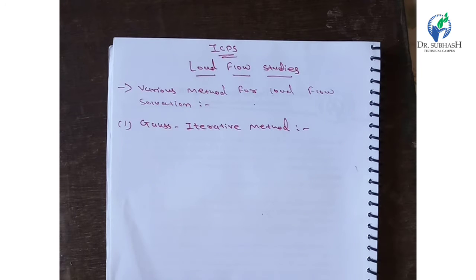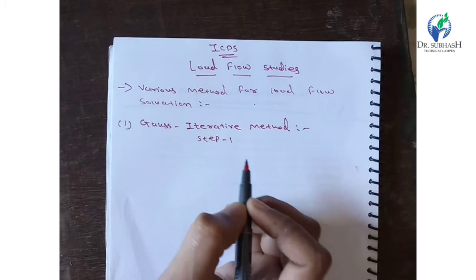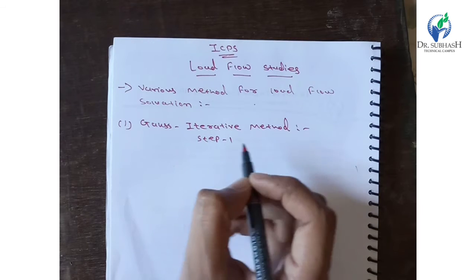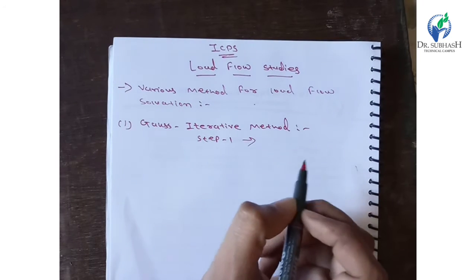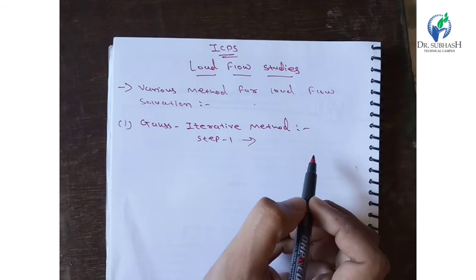By using this method, we should follow some steps to solve the Gauss-Seidel method. First step: we consider an approximate Gauss-Seidel solution.